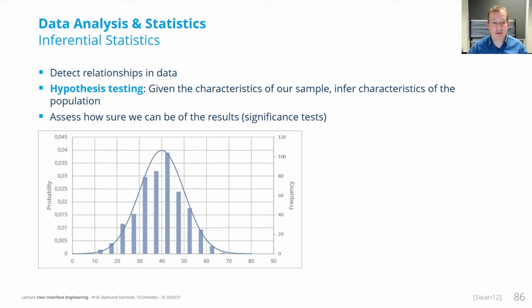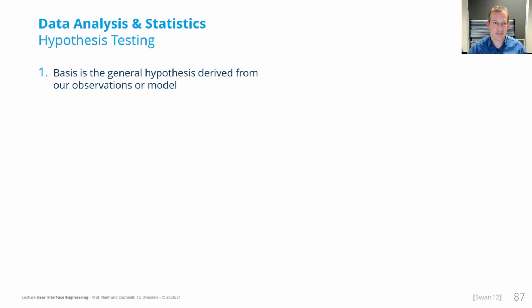And then, of course, we have to assess how sure we can be of the results, which is done with significance tests. So are the results really significant, a word whose meaning in daily life is something like 'this was a significant effort, I did a lot'. And this is very comparable to what we then do in statistics. I come to that in a minute.